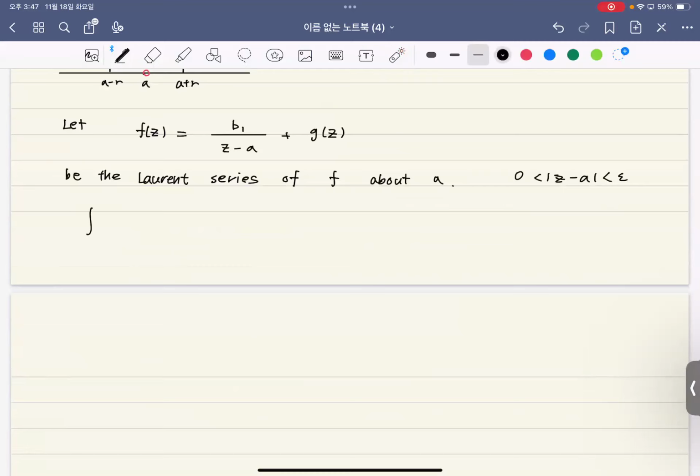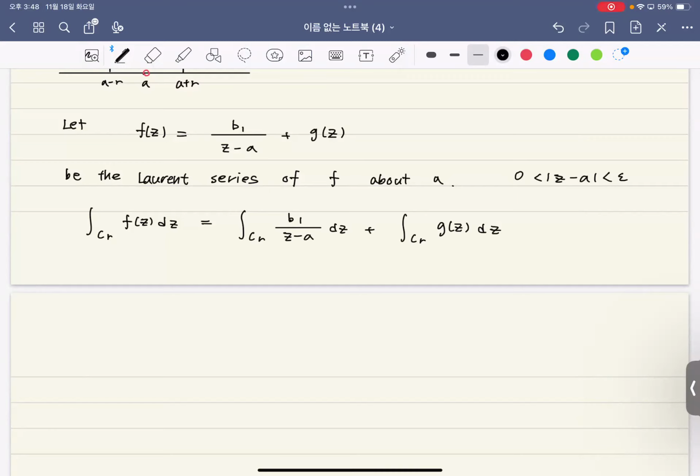If I integrate my function along the curve C_R, then I can break down this integral into the integral over C_R of the residue over z minus a dz, plus the integral over C_R of g of z dz.